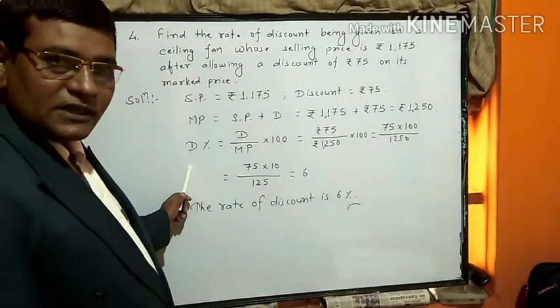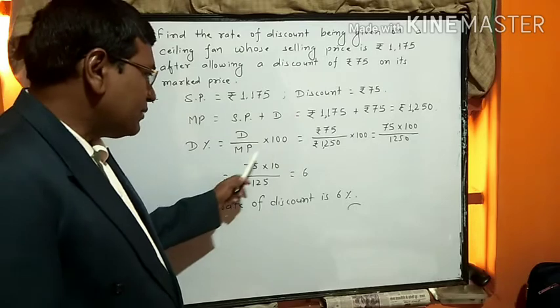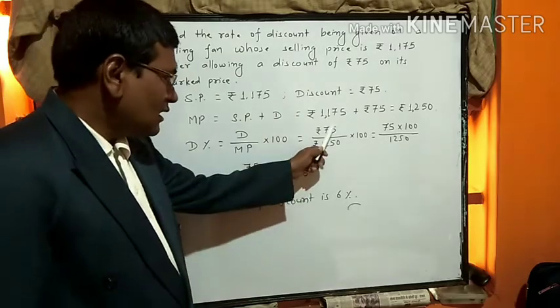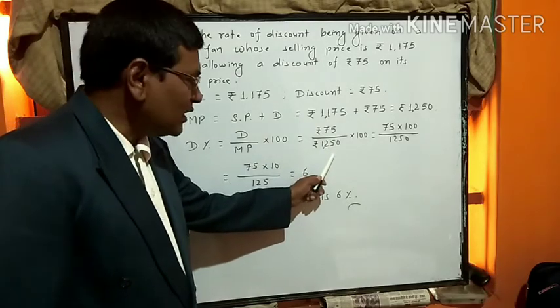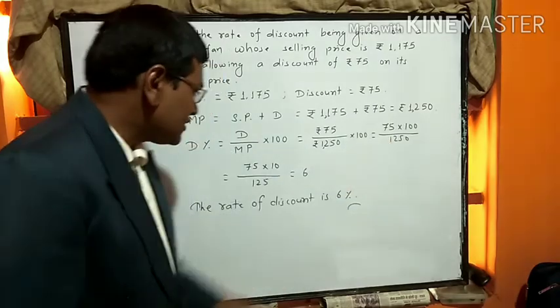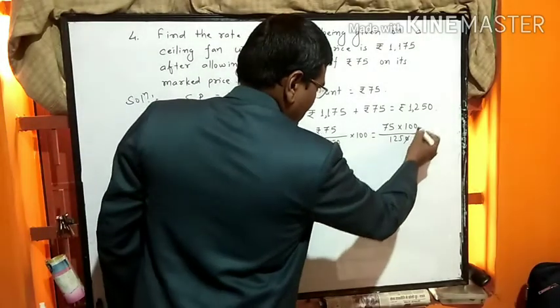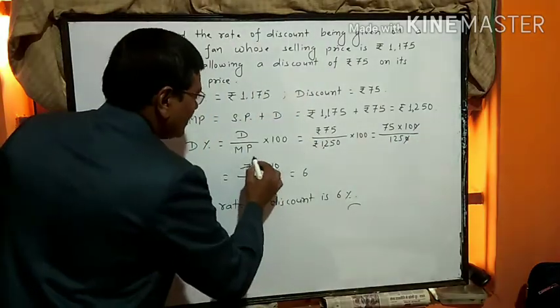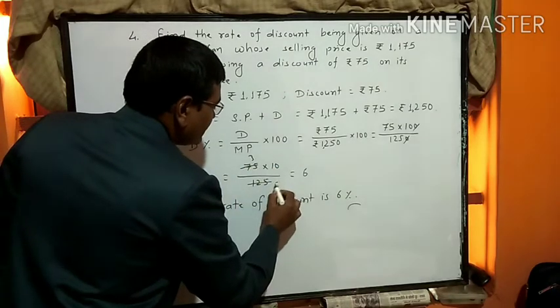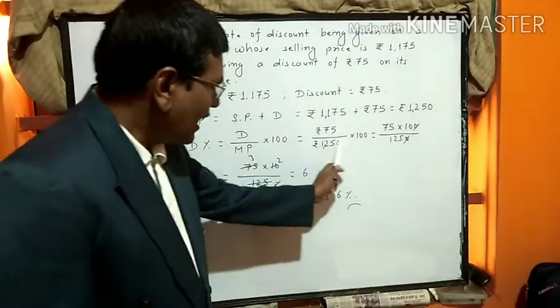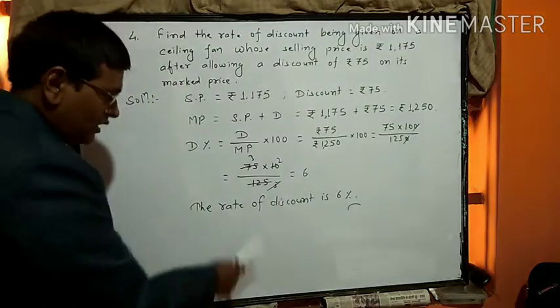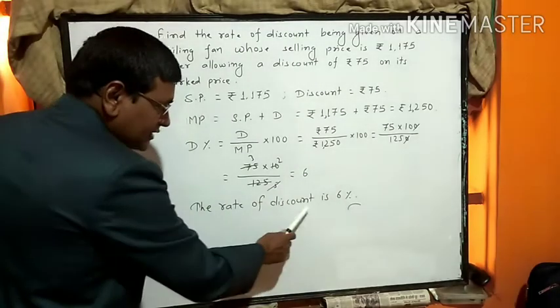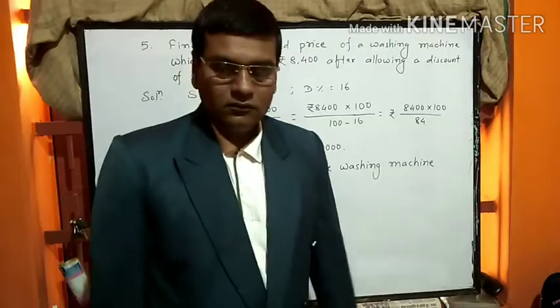Now discount percent equal discount by MP into 100, 75 by 1250 into 100. And after solving, you will get the rate of discount is 6%.